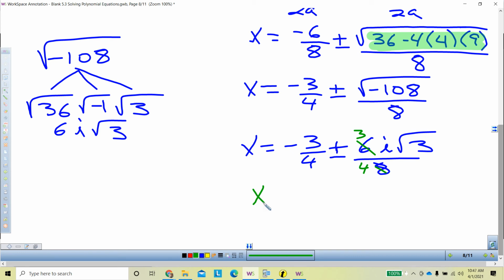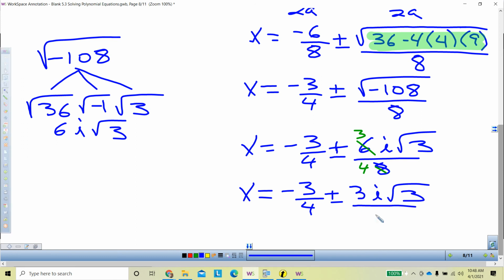And now is when you should be questioning your life choices about being in Mr. Evans' Algebra 2 class, right? It's like, why? How many answers is that? 2.